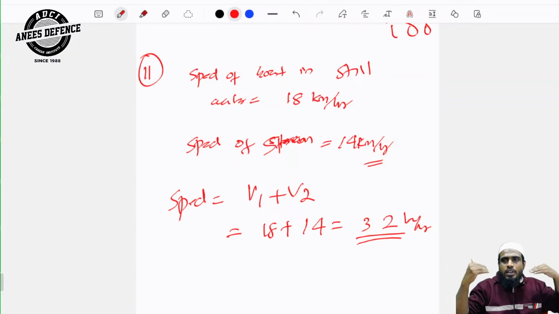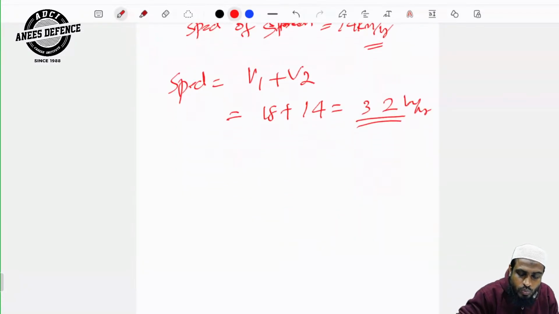If you are swimming against the water flow, our speed will be less. If you are flowing along with the water flow, we can move a little faster, so our speed will be increased. That concept you have to use. So speed is equal to V1 plus V2, so 18 plus 14, 32 kilometer per hour.